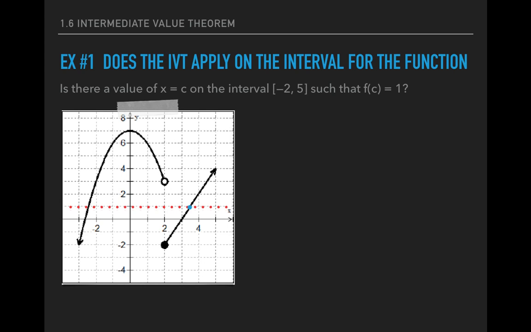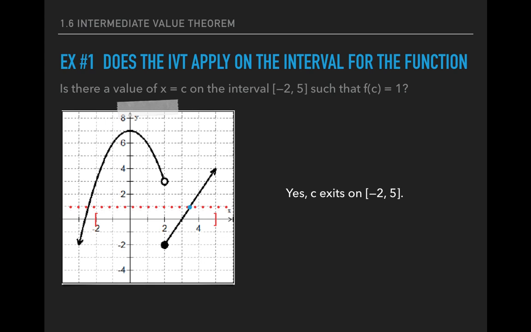It's that horizontal red dotted line. And yes, we can definitely spot places on our graph where it is an output of 1. But we want to restrict it to the closed interval between -2 and 5. And right there, that little blue dot is verifying that yes, this does in fact happen.